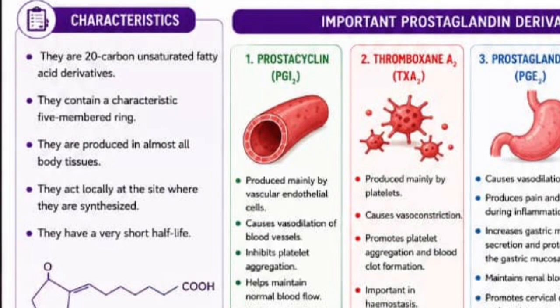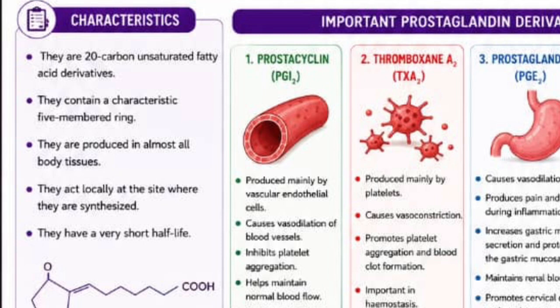So what are the characteristics here? Number one, it is a 20-carbon unsaturated fatty acid, and it also has a 5-membered ring. It is produced in almost all body tissues locally, at the site where it is synthesized. It's not that they are produced and start moving around.